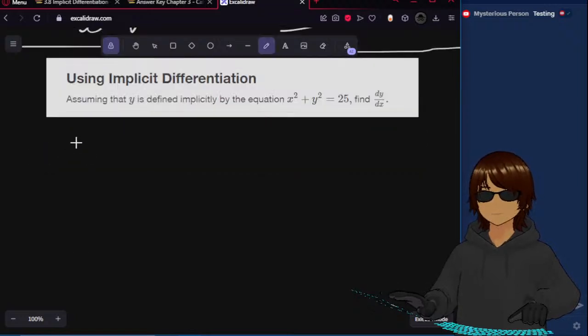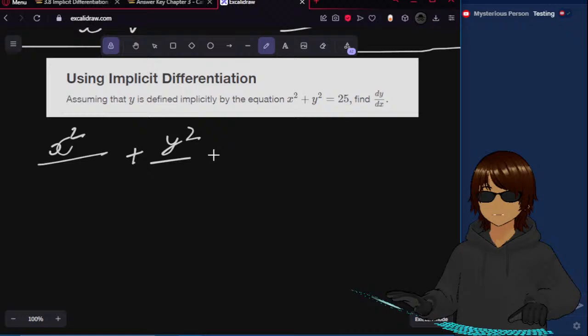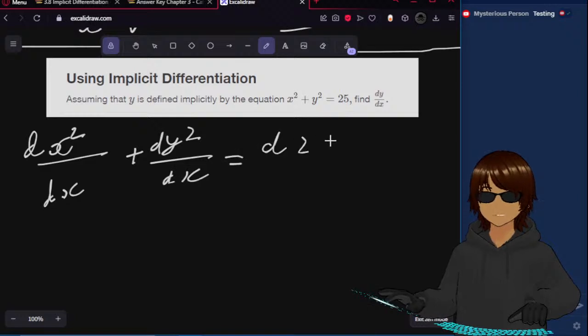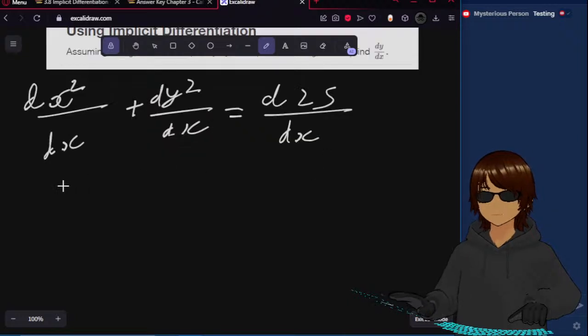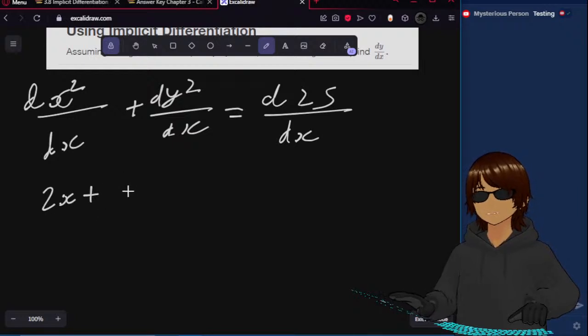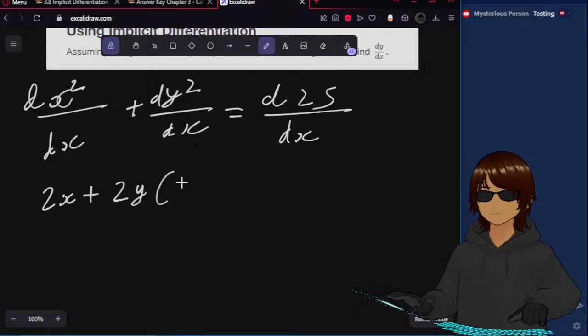So this is derivative of the outside times the derivative of the inside.